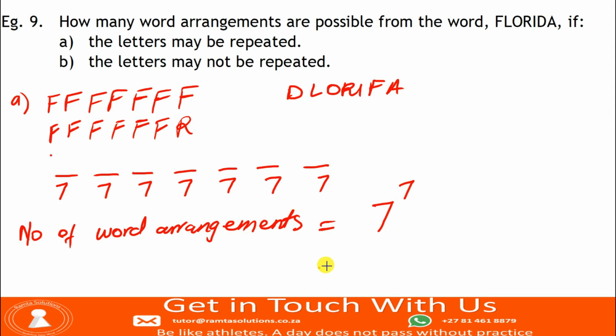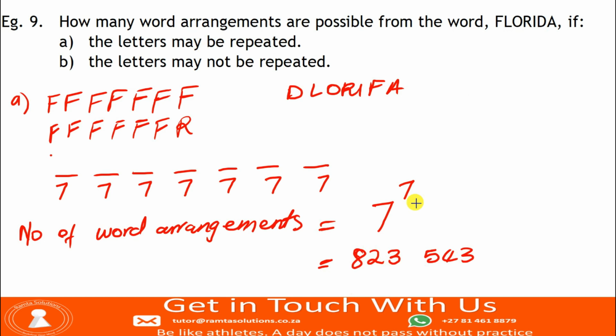And what is 7 to the 7? 7 to the 7 is 823,543. So if we are repeating letters, the word Florida can make up to 823,543 words.